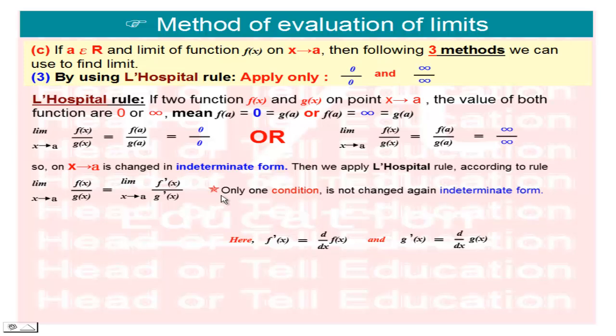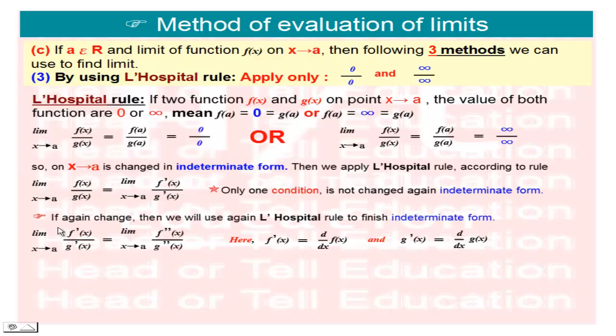One important point or condition you have to note: after differentiating, the function should not again change into an indeterminate form. If it again changes into an indeterminate form, you have to differentiate f(x) and g(x) separately another time.